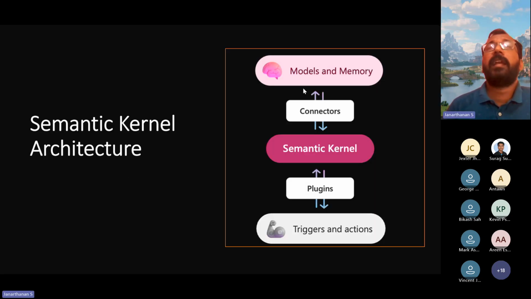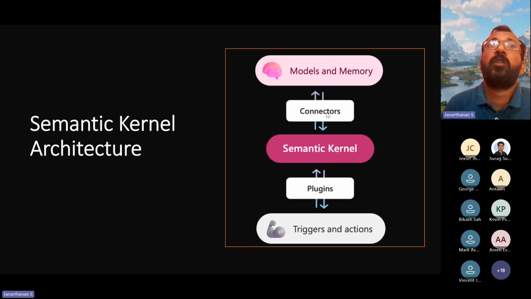So this is the architecture of your semantic kernel. If you notice the semantic kernel architecture, the very first one is the language we have to choose, whether it is Java, .NET, or Python. How can this language be connected to your semantic kernel framework? With the help of a connector.